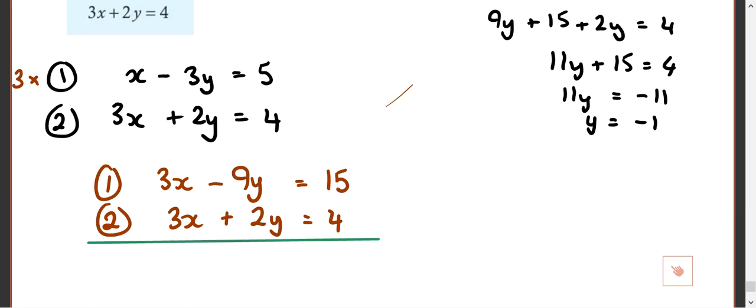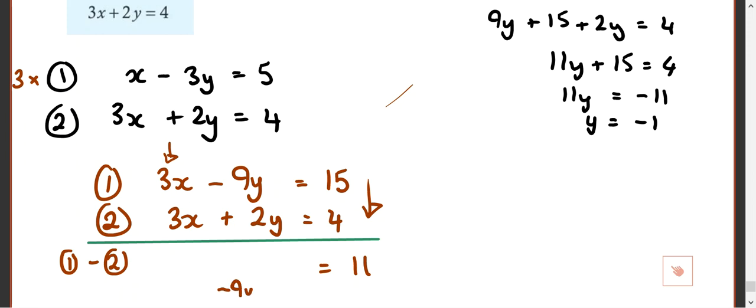With the elimination method though, I've made it so that the x values are the same, so they are going to be eliminated. This time, personally, I'm going to do number 1 subtract number 2. That's my choice because 15 subtract 4 is 11.